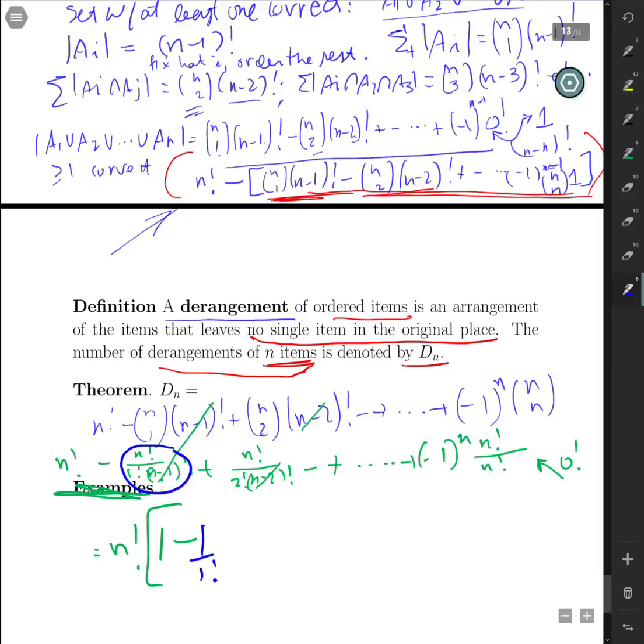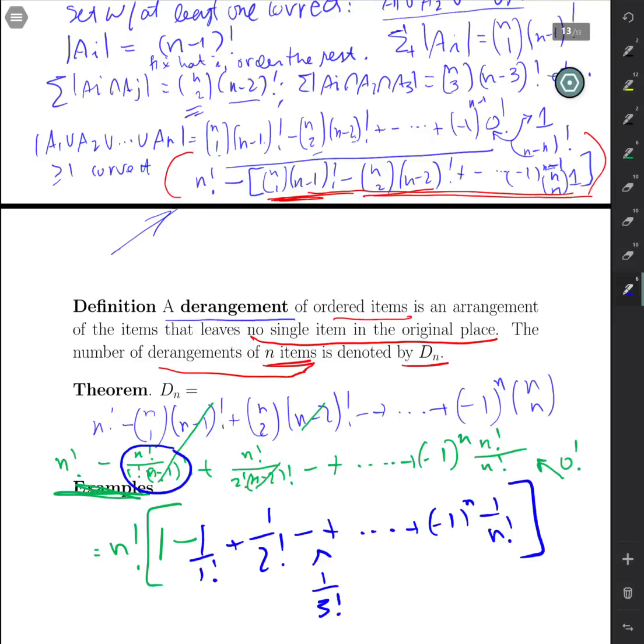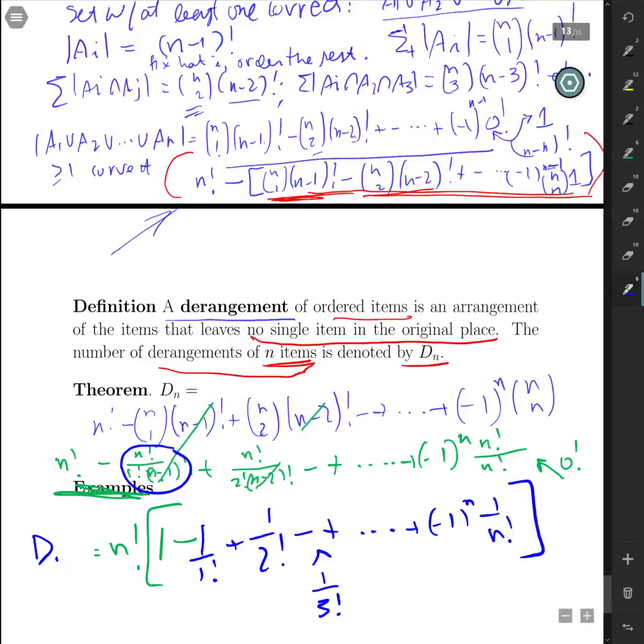I know that looks a little crazy, but I do, because this one becomes 1 over 2 factorial, and minus plus, and the same pattern persists all the way to the n, where here I have a minus 1 to the n, pull out an n factorial, and I'm left with a 1 over n factorial. So this is 1 factorial, 2 factorial. This one in here that I didn't write down is a 1 over 3 factorial, etc. All of those are there. And so that's an expression that is pretty nice and easy to remember for d sub n.